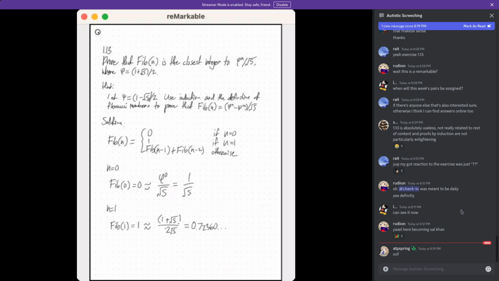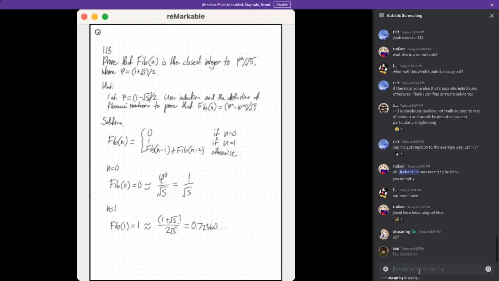Let's see. So use induction in the definition of Fibonacci numbers to prove that the nth Fibonacci number is given by the formula. Let me see if I can shrink this down.